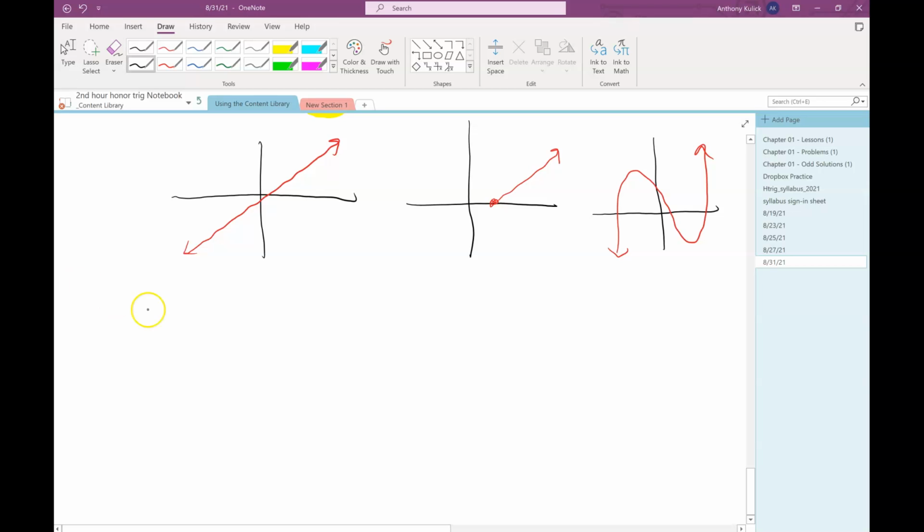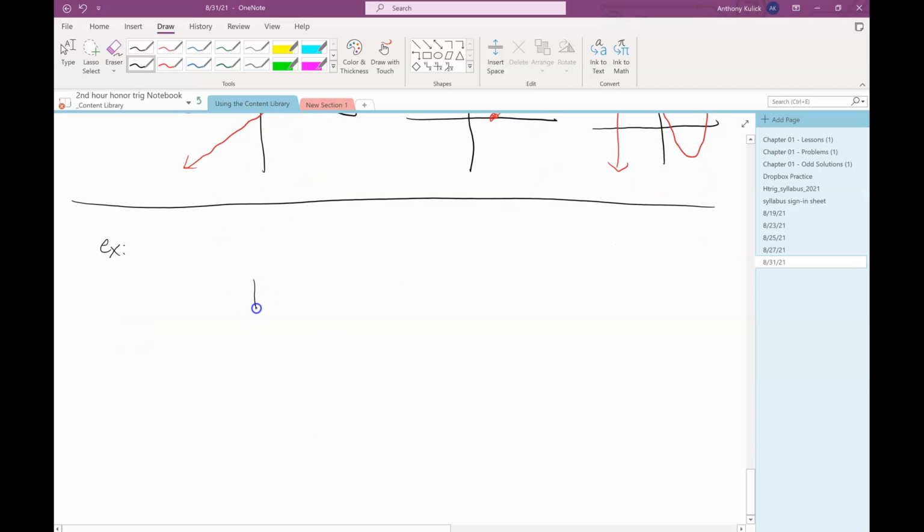So what if we have a graph and we want to give the inverse? This is my suggestion.